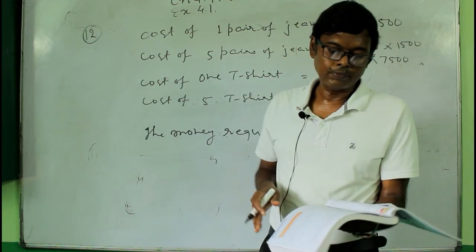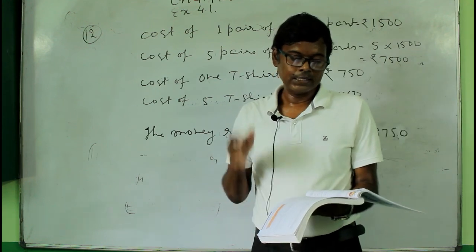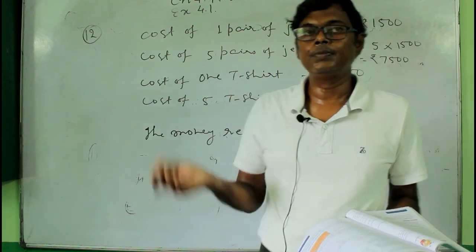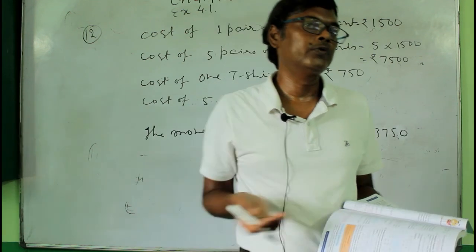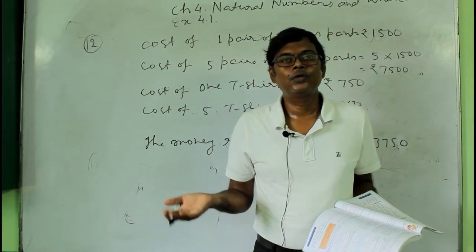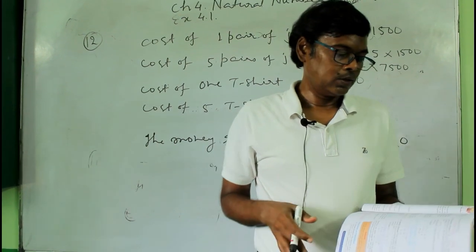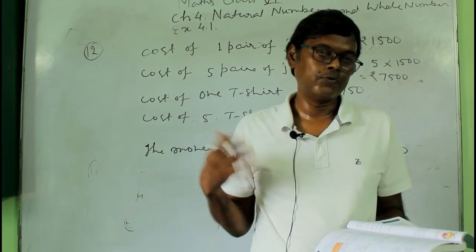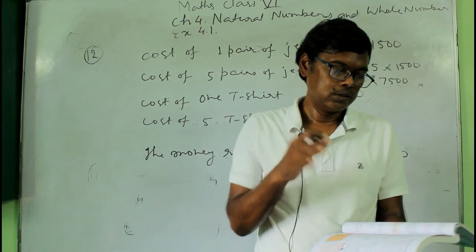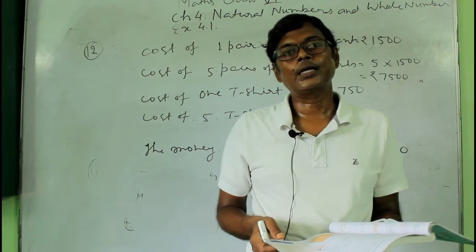Okay, these are the 2 main properties here, for addition and for multiplication. Because as I told you before, for subtraction and for division, no property is true. So you have to learn for addition and multiplication, and you must go through all the questions. You will practice the questions.